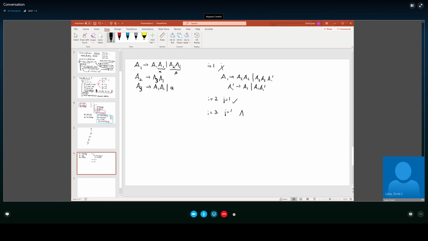So we're going to replace the A3 by this A1 is going to be replaced by whatever we have.